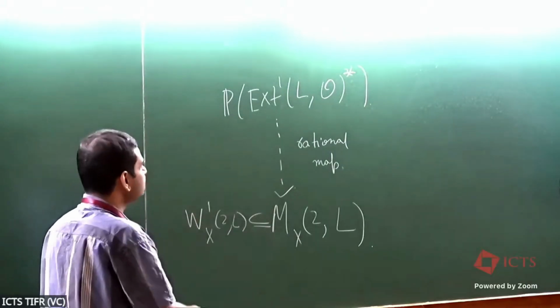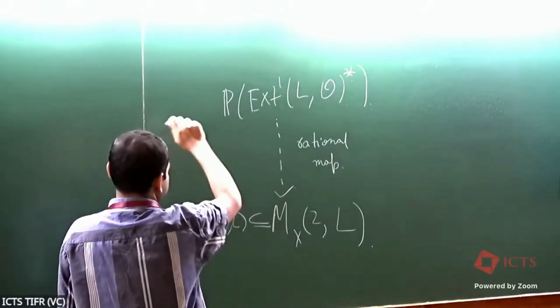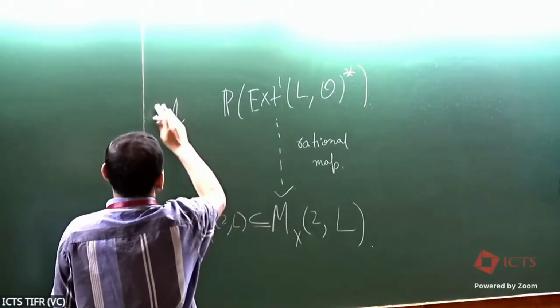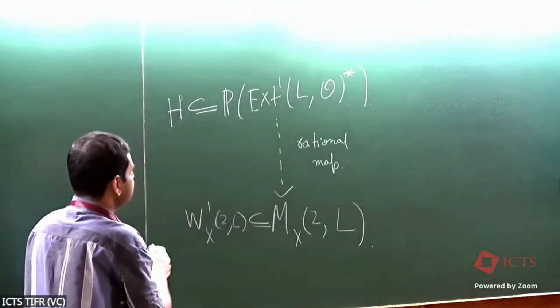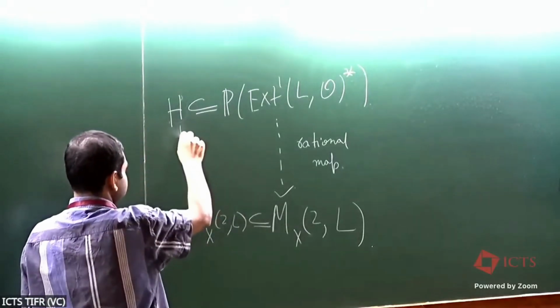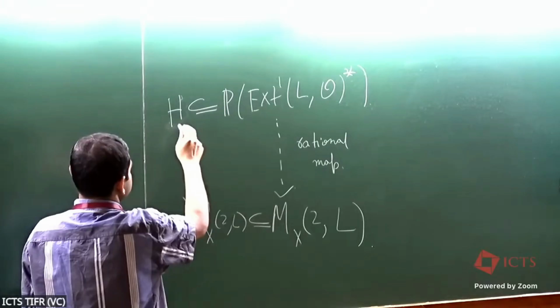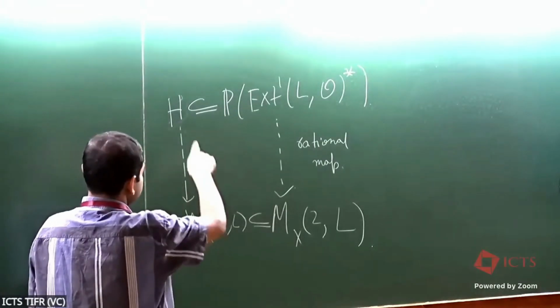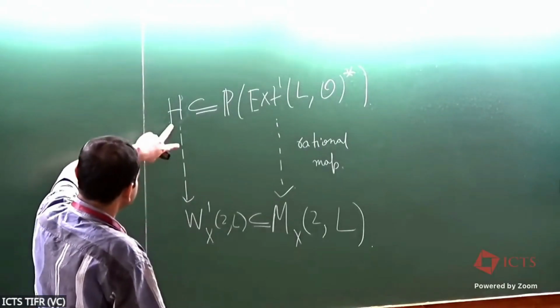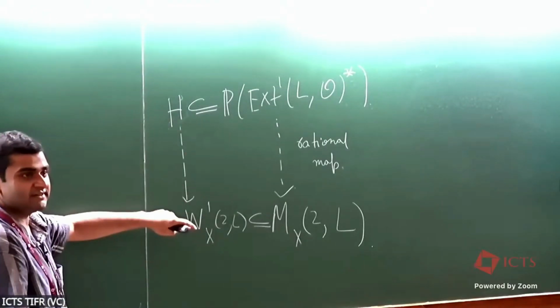So what we do is we look at a certain hypersurface H inside this, and we restrict the rational map here, and we show that this map is dominant.